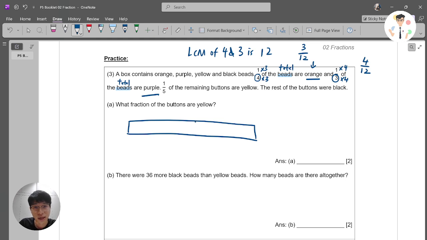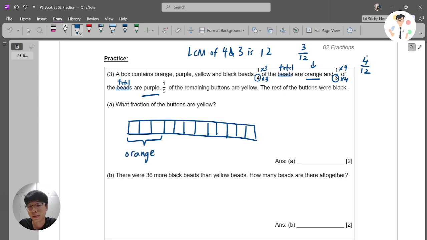So, for example, I cut this into 6, and cut again. I think we have 12 now: 1, 2, 3, 4, 5, 6, 7, 8, 9, 10, 11, 12. Now out of these 12 units, how many are orange? I know it's 3, so these 3 are orange.